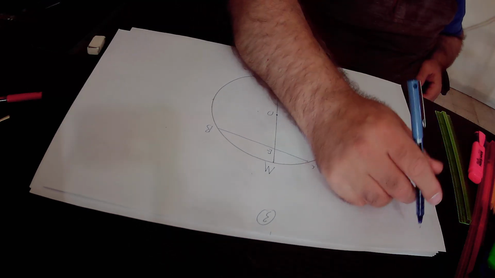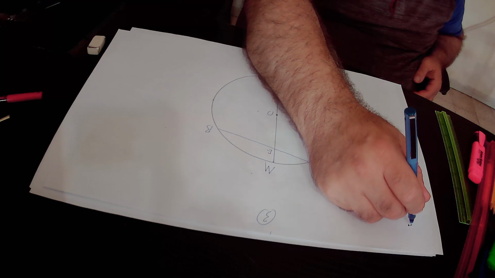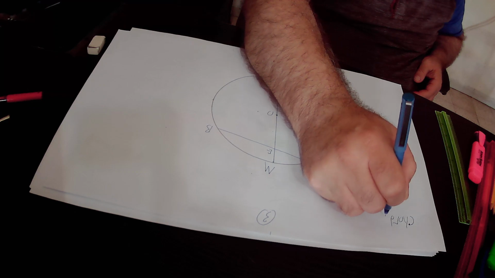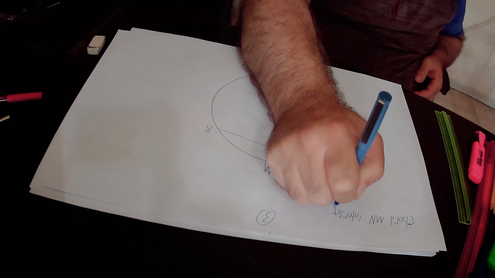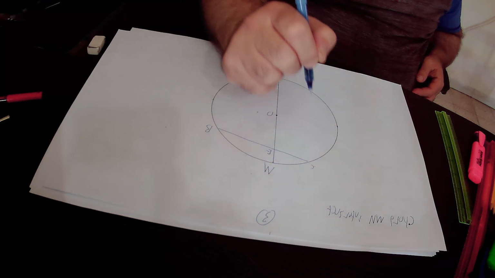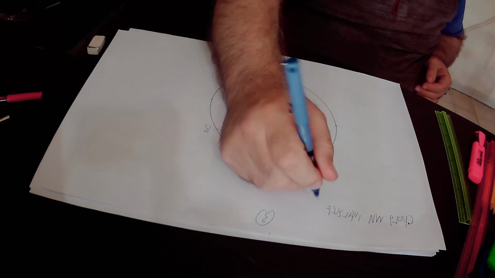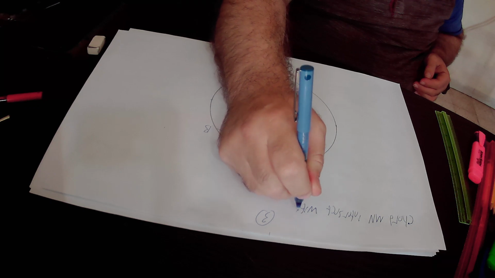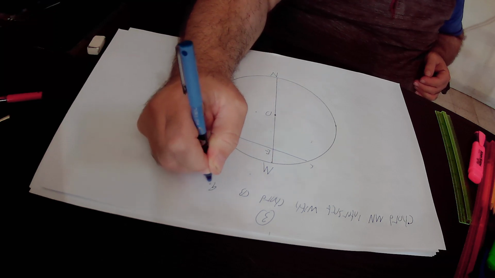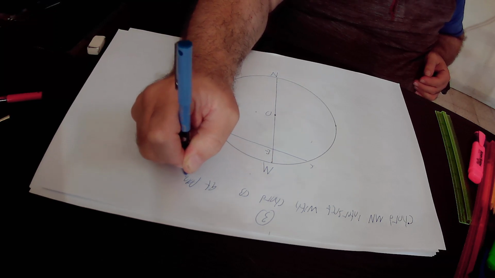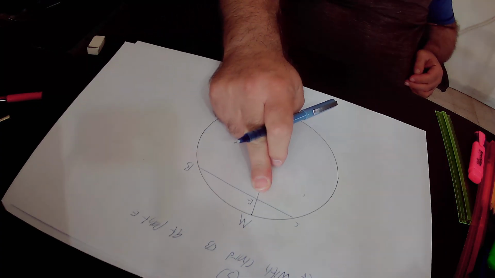So, in our specific drawing, chord MN intersects with chord CB at point E. This is the intersection point between the two chords.